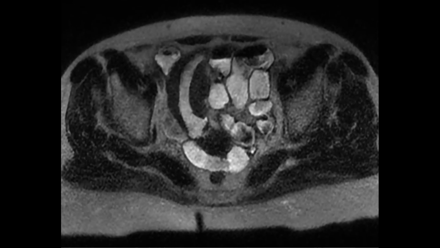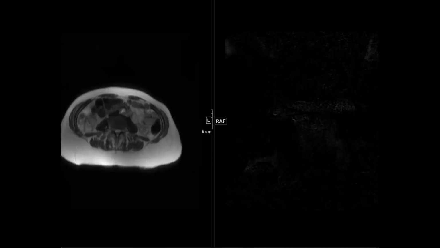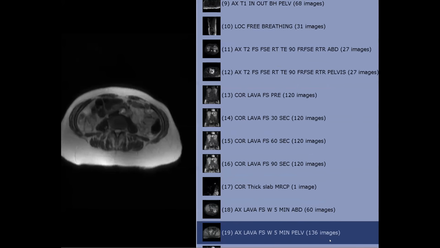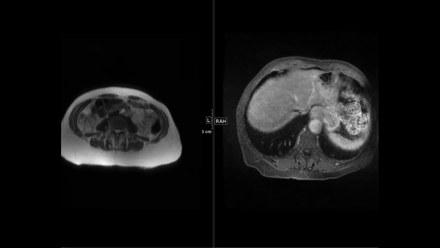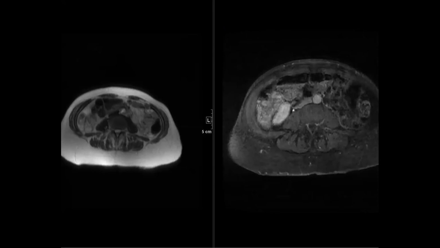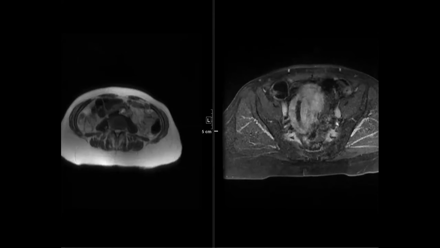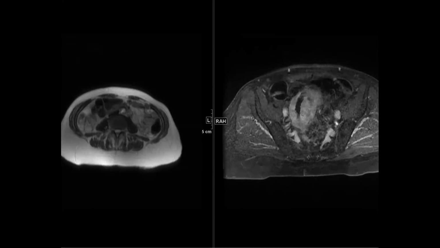I can show you some post contrast. So here it is.